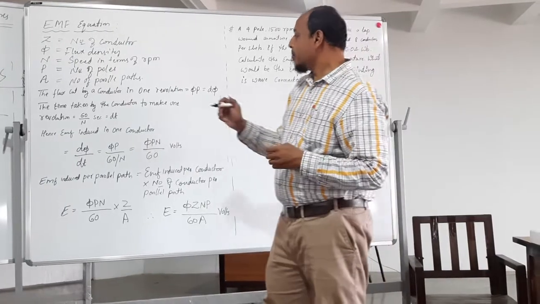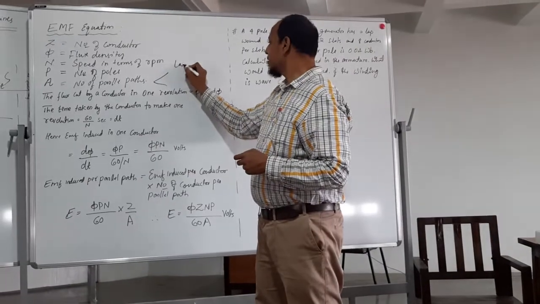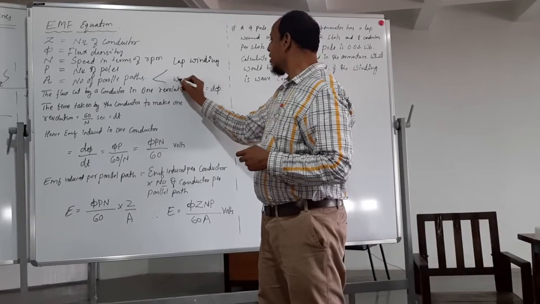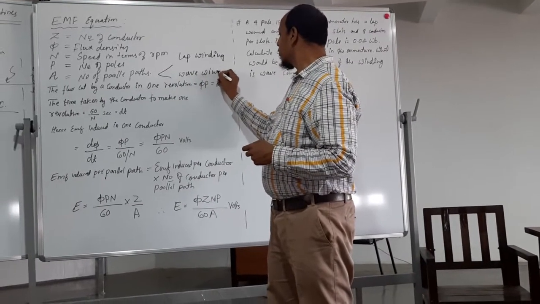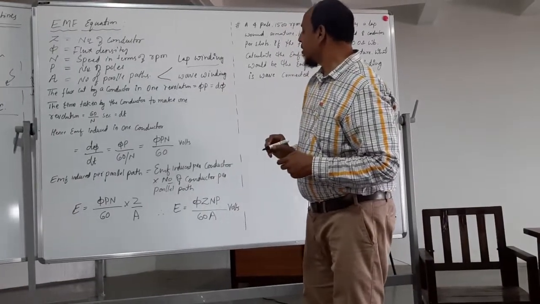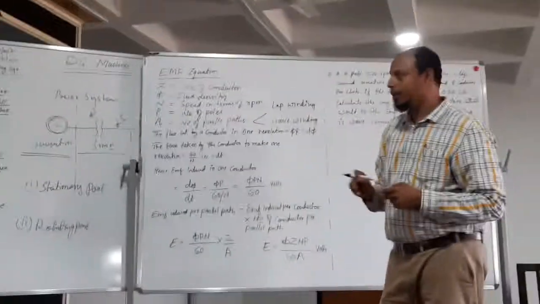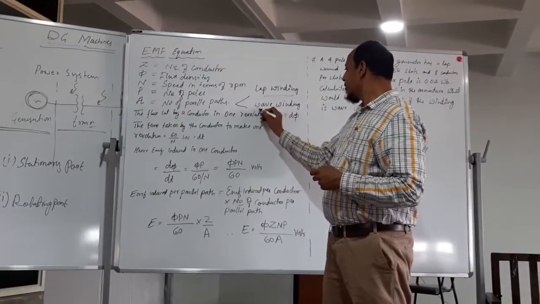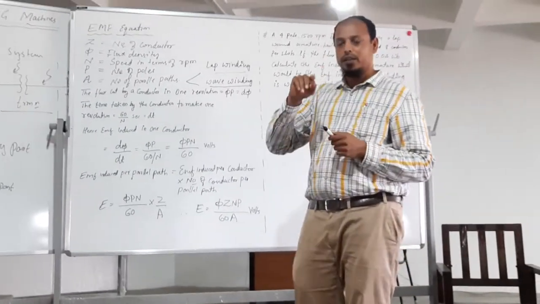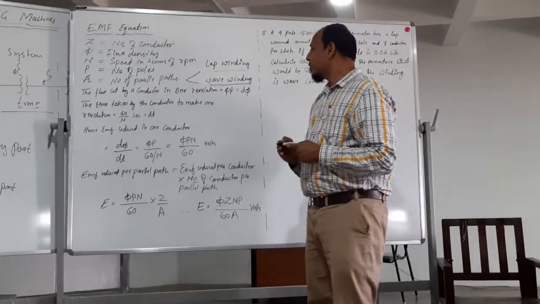Now here, according to the number of parallel paths, there are two types of windings, that is lap winding, and another one is wave winding. This is the progression of the winding in terms of lap, that's why we call it the lap winding, and where the progression of the winding comes in the shape of a wave, that's why we call it a wave winding.